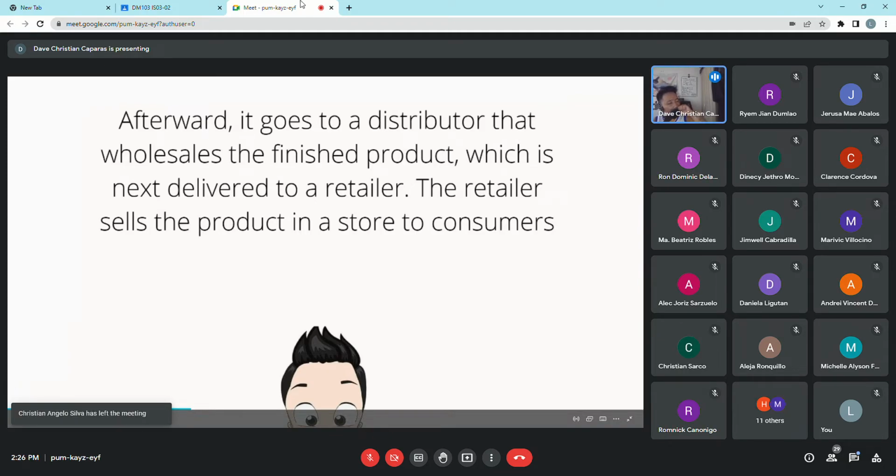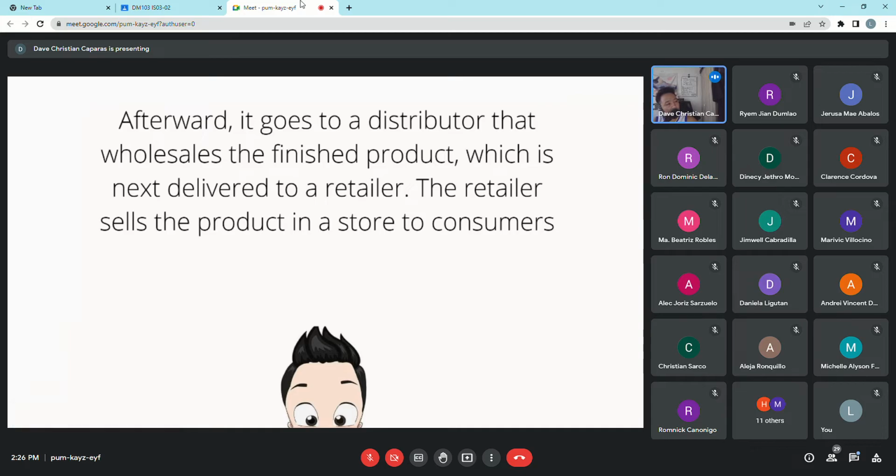Ngayon, yung distributor, wholesaler, retailer, yan ang tinatawag nating market intermediaries. Sila yung mga middlemen between the manufacturer and the customer. So, kumbaga, if we don't have these market intermediaries in between, hindi makakarating yung produkto kay consumer.